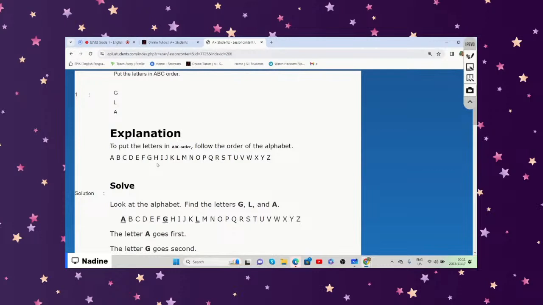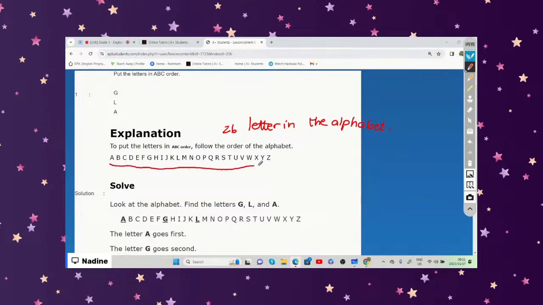The alphabet has 26 letters, and it starts from A, running all the way down to Z.